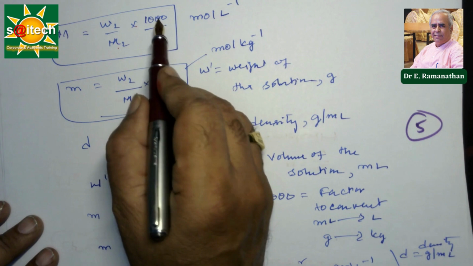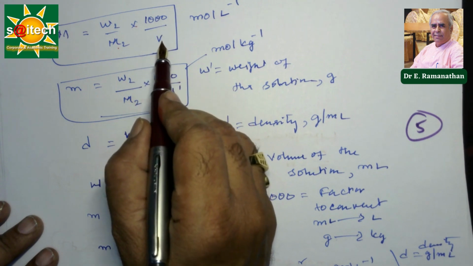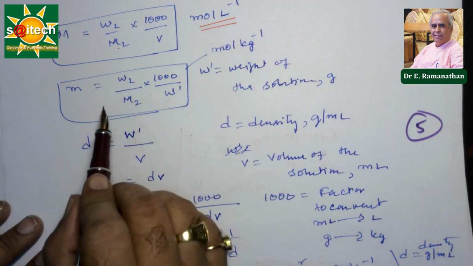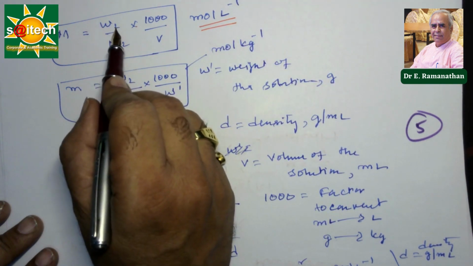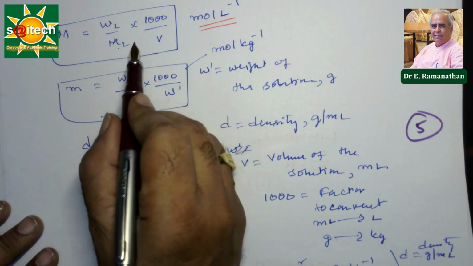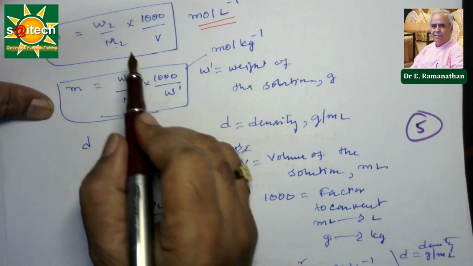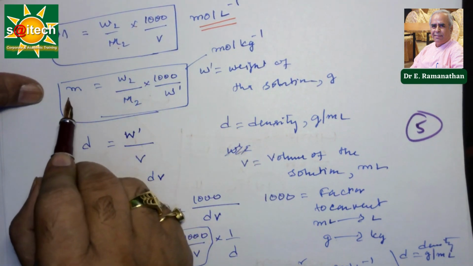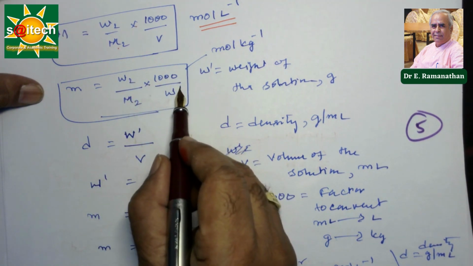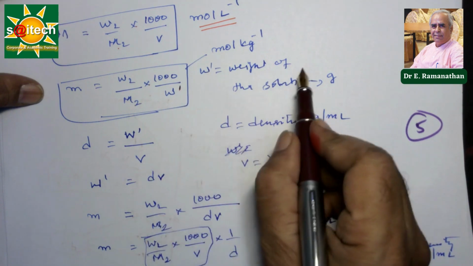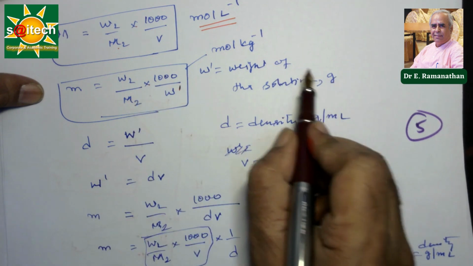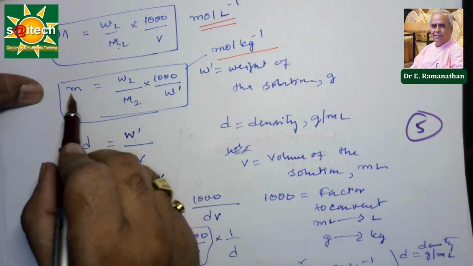Since I have put 1000, V is declared in ml, but the final value is declared in mole per liter. W2 is the weight of the solute, and M2 is the molar mass, that is the molecular mass, of the solute. Now molality means W2 by M2 into 1000 divided by W1, where W1 is the weight of the solvent. Since we have introduced this 1000, the gram becomes a kg, so its final unit is mole per kg.